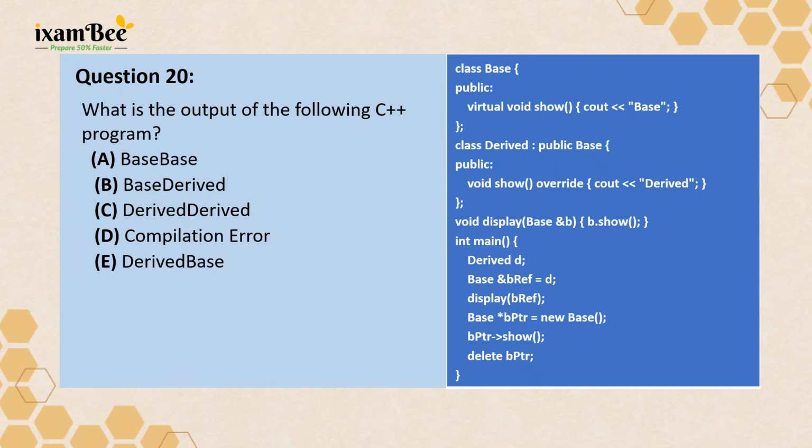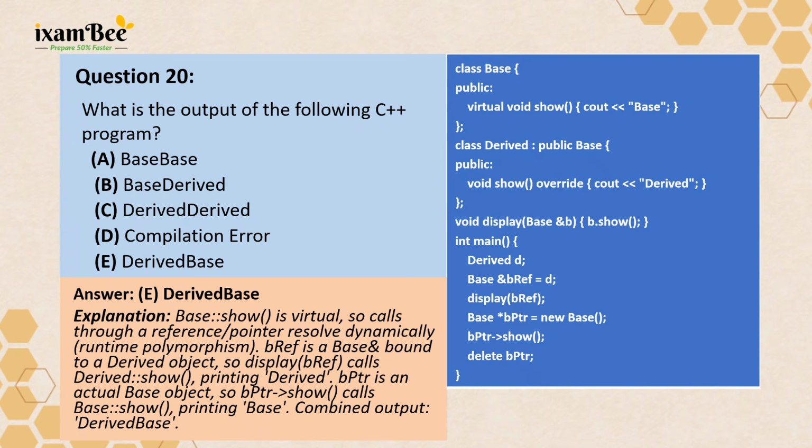Then separately, bptr is a pointer to a genuine, freshly created base object, not a derived one. So bptr show calls base's own version, printing base. Putting the two outputs together in order, we get derived base, which is option E.